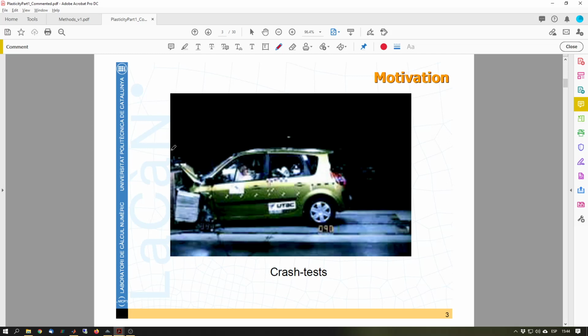We know this happens, so we want to know how things are deforming, for instance in this case, where the engine is going frontally to the driver, or in a wiser manner, it should go underneath the driver. So now cars are designed such that when they are subjected to an impact like that, the engine goes underneath the driver as much as possible, of course, in order to diminish a bit the effects.